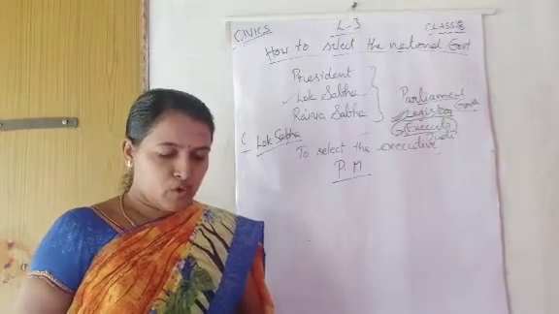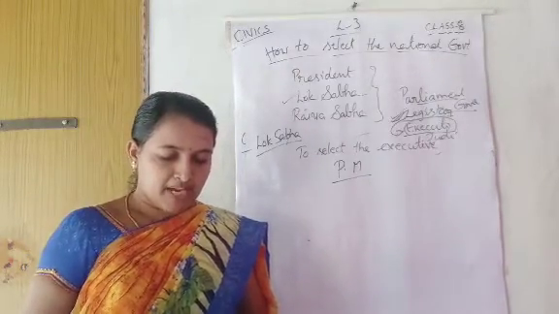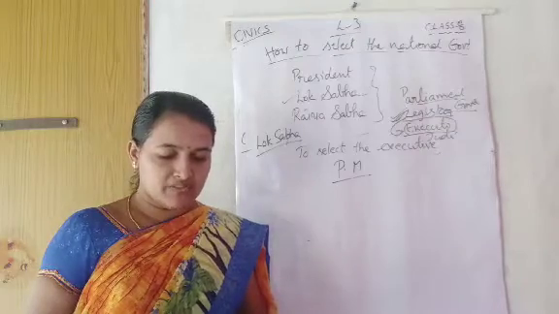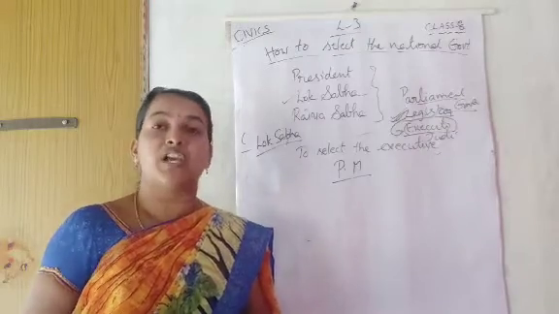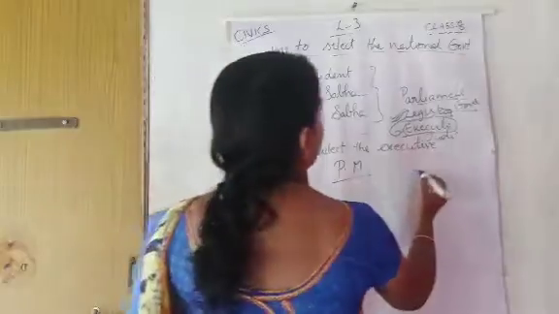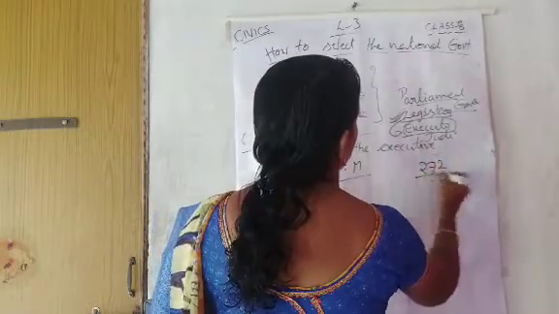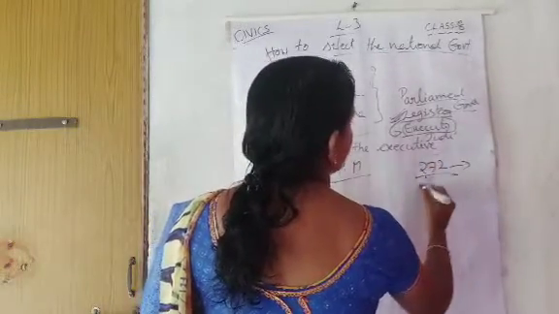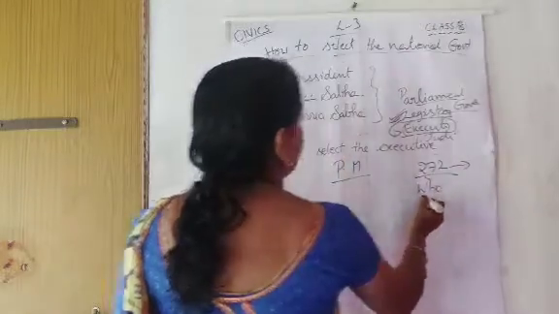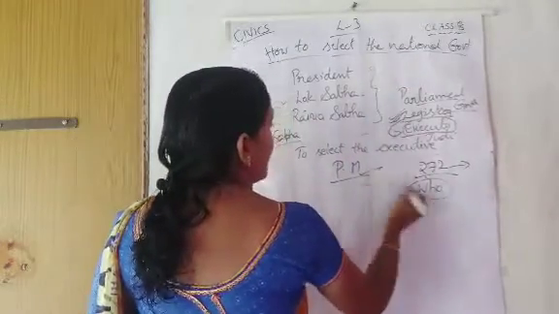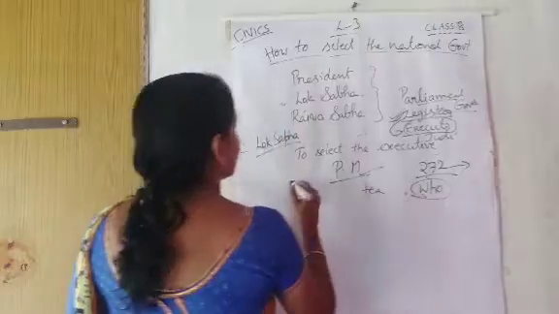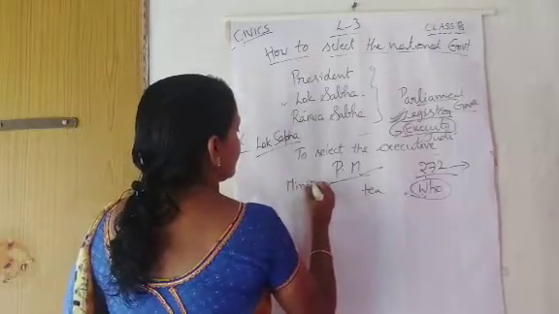From the MPs who belong to her party, the Prime Minister selects ministers to work with her to implement decisions. So, I already said, the party which got the 272 majority, its team leader will be the PM, and from his team he will select the ministers.